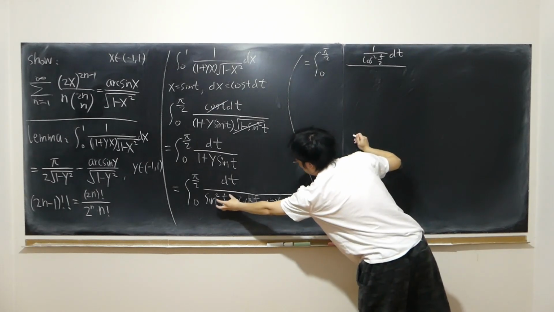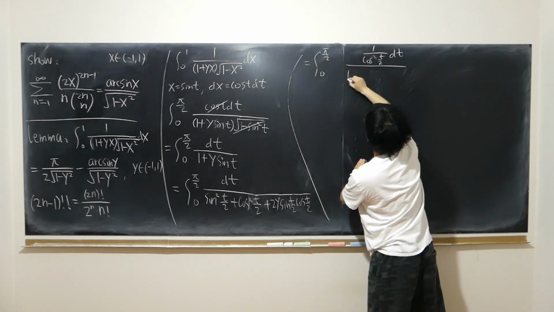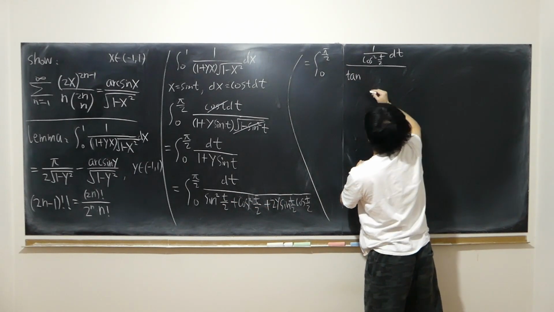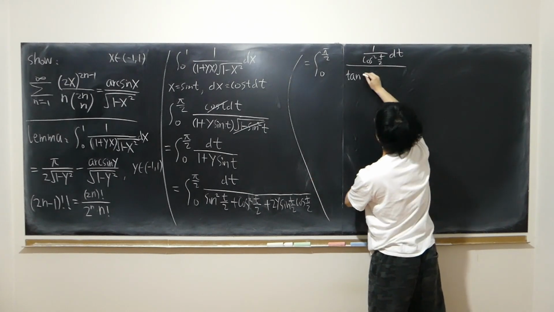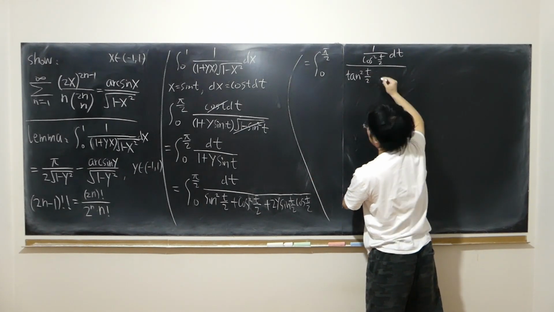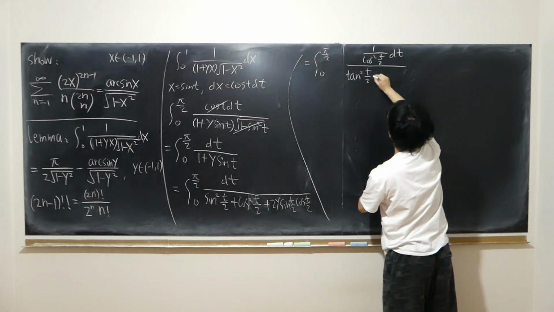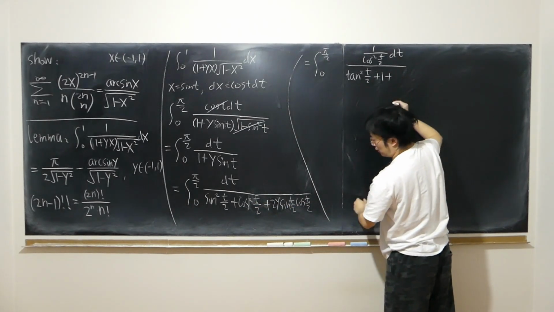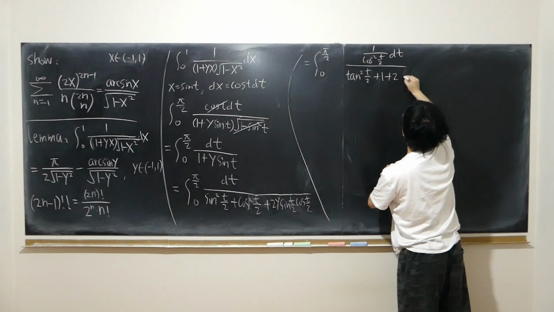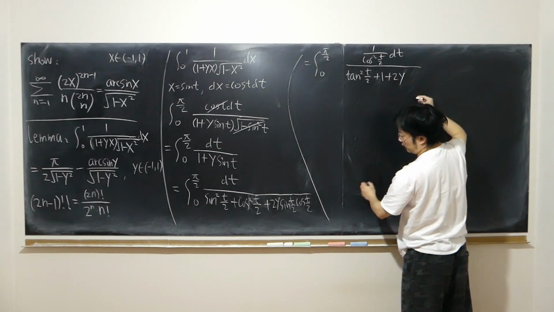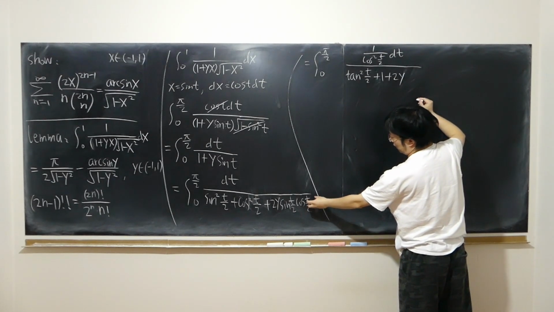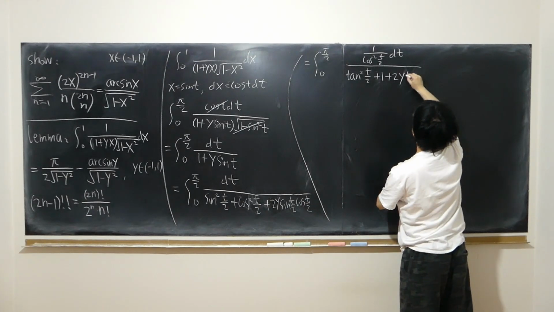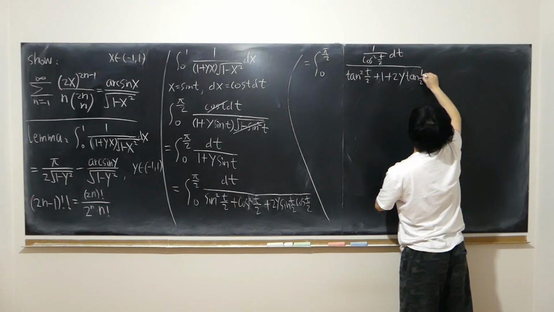And so therefore the bottom, divided by cosine squared, I have tangent squared half t plus 1, plus 2 times y times tangent half t, as the cosines cancel out.